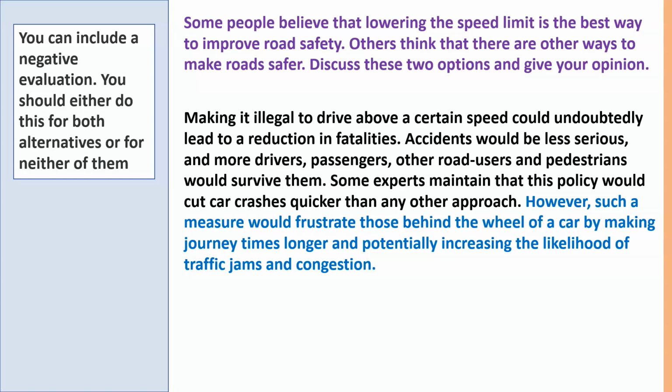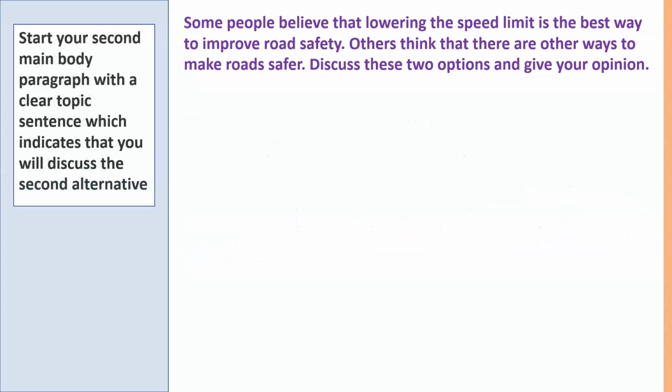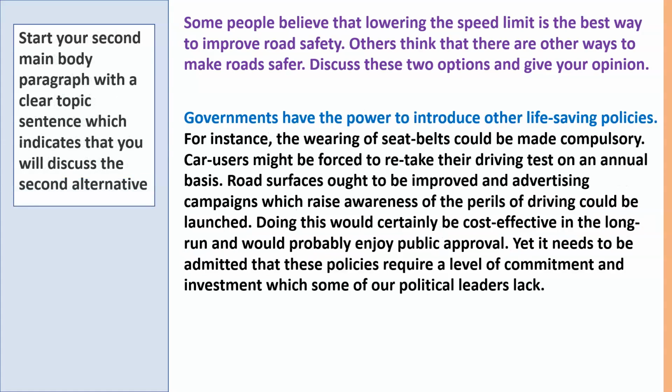If you include a negative evaluation in this type of essay, you should do it for both alternatives, not just for one of them. So as you'll see soon, we have included a negative evaluation for the second alternative as well. Second main body paragraph, again, clear topic sentence, which indicates that you will discuss this second alternative.